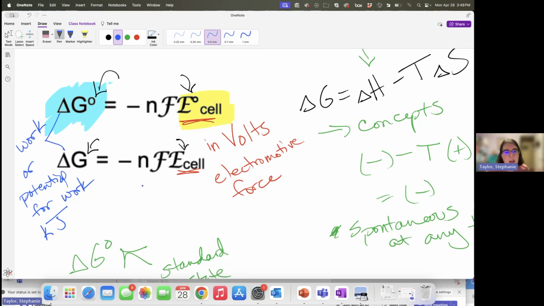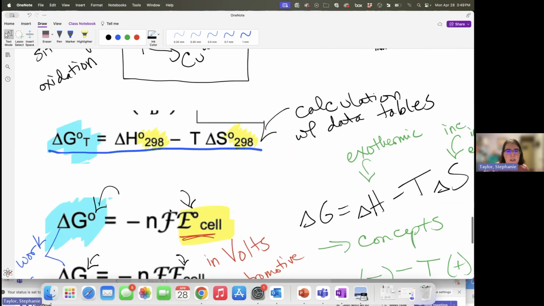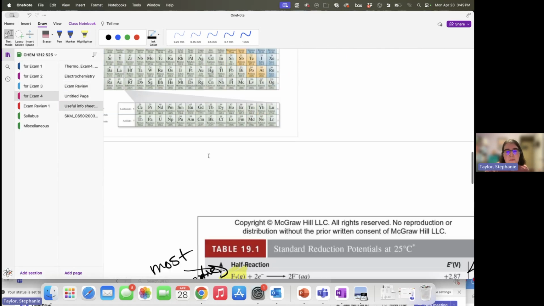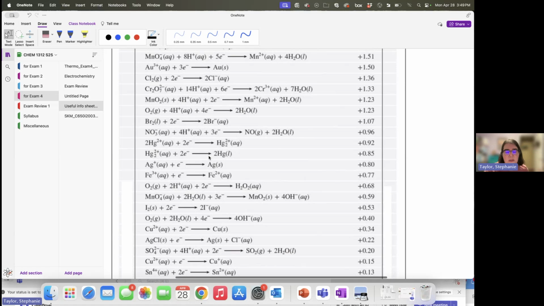Now, that being said, when we talk about things in voltage, one of the things you might notice is that we don't take into account, in that giant table over here, that there are different numbers of electrons in these reactions. And with the exception of translating things into work, we don't actually care about how many electrons are being transferred.